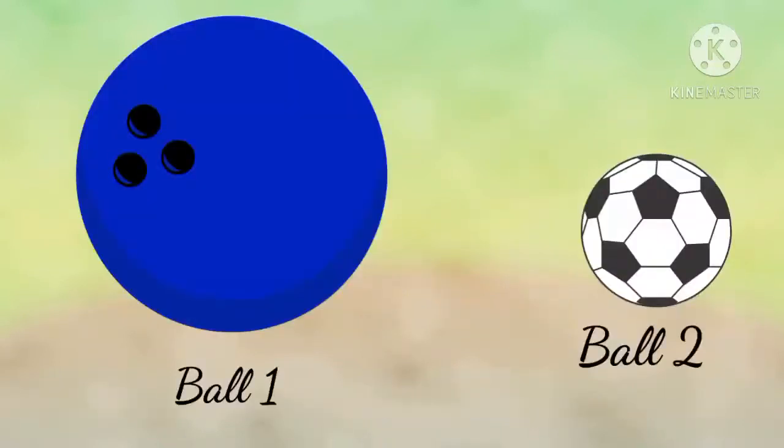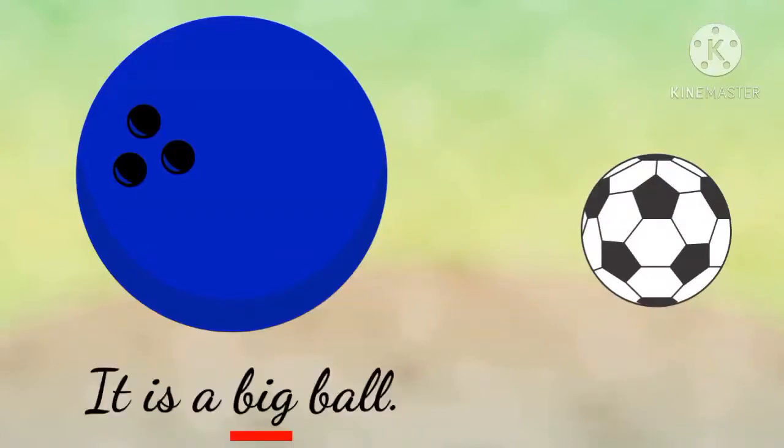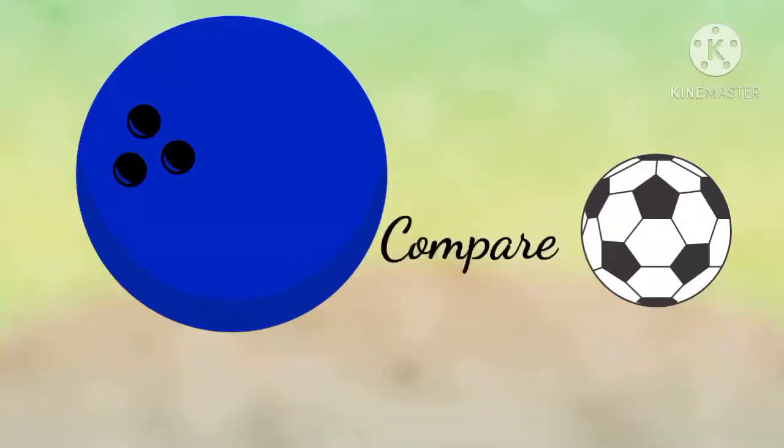So see further, children, I am having two balls over here. One is a blue ball, another one is a white ball. Now I describe this blue ball as, the blue ball is a big ball. Okay, children, what type of ball? It is a big ball. Now I want to compare these two balls.